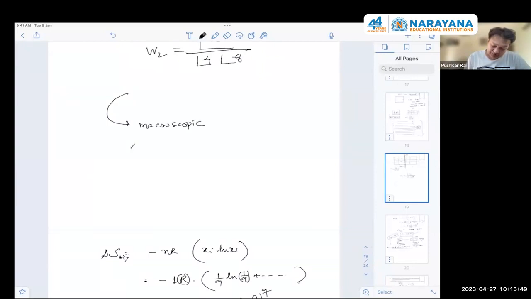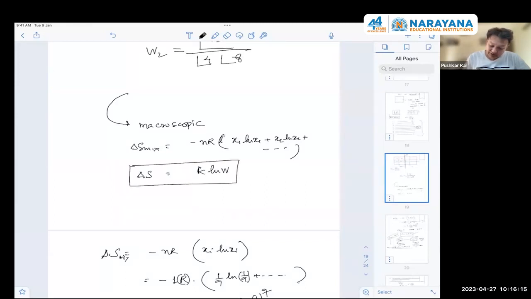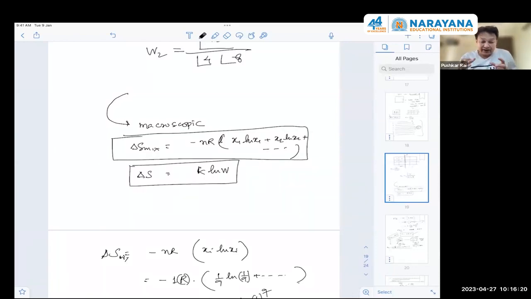In the macroscopic way, we find delta S mix using the formula minus nR (x1 ln x1 + x2 ln x2 + ...). Another way, we find delta S simply by k ln W. Both have given you the same result. And in fact, we can use this tool to tell you how accurate this probabilistic definition of entropy is. That is the proof of this.